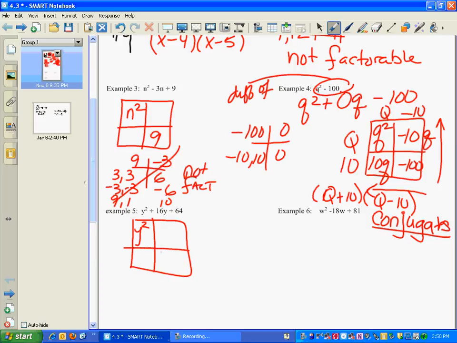Y squared, 64. What are my factors of 64 that give me 16 when I add? 8y and 8y.